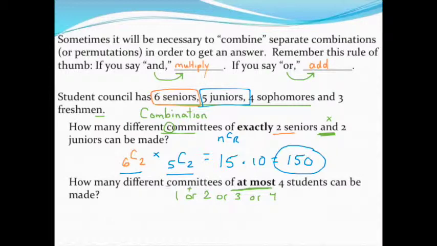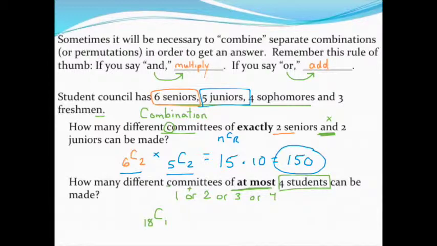We're still working with committees, so I'm still doing a combination. This time, though, I don't have to worry about a specific class of students. Adding up the totals from the breakdown up above tells me I'm working with a pool of 18 students. The committees I can form of 1 student are represented by 18C1. I want to pick 1 student out of the group of 18.